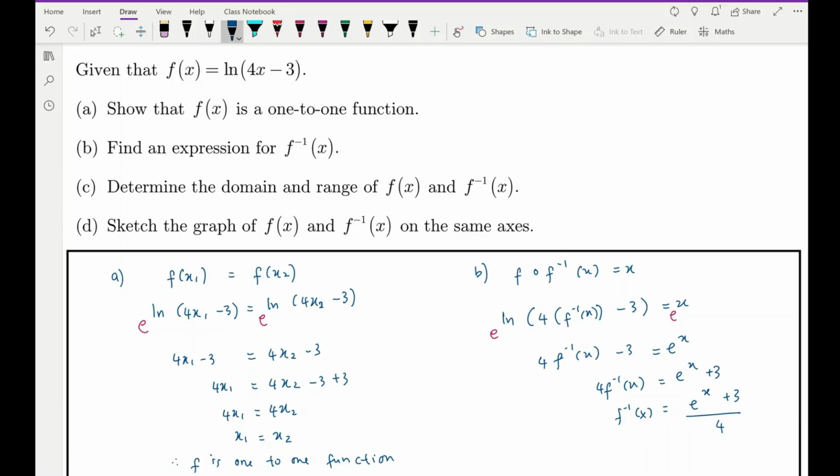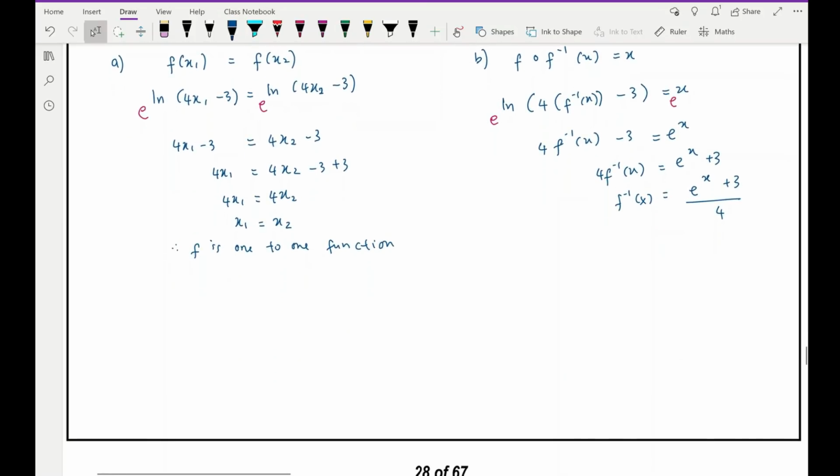For question C, determine the domain and range for f and f inverse. So for C, our function f is ln of 4x minus 3, and our inverse is exponent x plus 3 over 4.